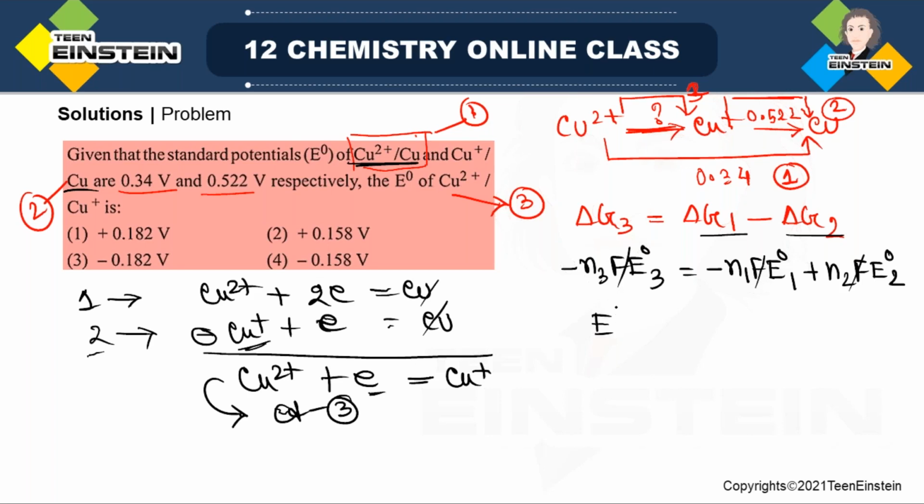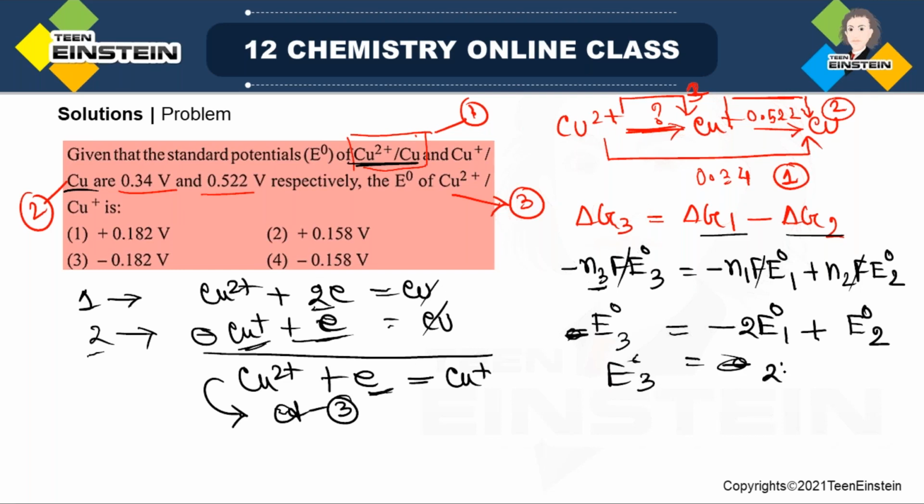So ultimately E03 equals, and n3 is 1 because 1 electron is involved, n1 is 2 because 2 electrons are involved, so 2 E01, minus, and for the second system this is also 1 electron, so E02. Now the minus sign, if we remove it here, it will be E03 equals 2 E01 minus E02. So I'm just exchanging the negative sign.